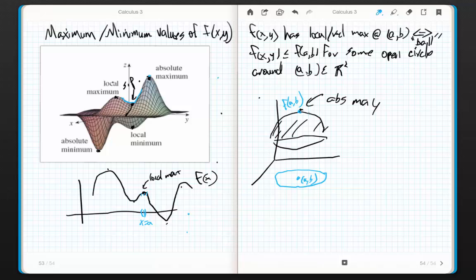That makes sense? Now, if it's a relative max, that means that I can draw an open circle, just like I could draw an open interval, around AB that's centered at AB, such that F of AB is greater than or equal to all of the values in that circle. All right? That makes sense?